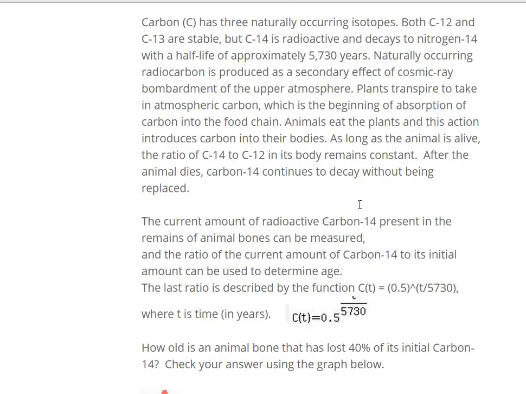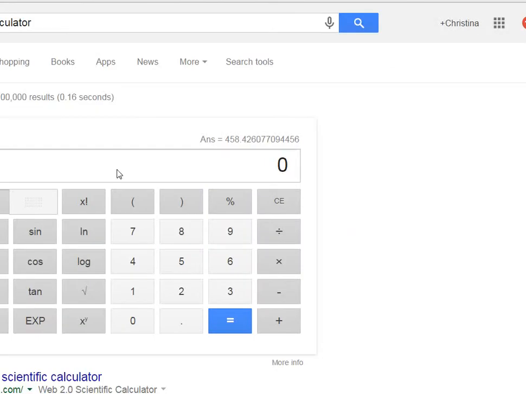So we have 5,730 times log of 0.6, it doesn't matter. See what that equals, and then divide that by log 0.5, and we get 4,222, or 23 if I'm rounding, years.